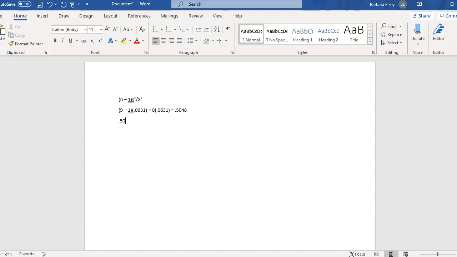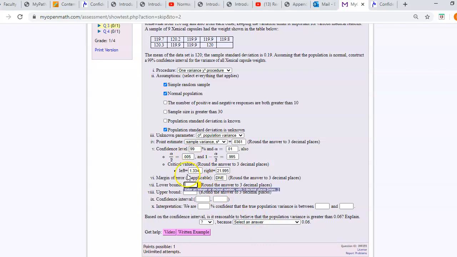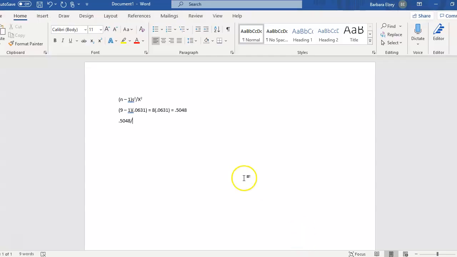We're going to divide this number by the two chi-squared values that we had. So let's go back here for a minute. Our first chi-squared value was 1.334. Now, it may seem weird, but we're dividing by the smaller number, so this is going to end up being the right side of our confidence interval rather than the left side.